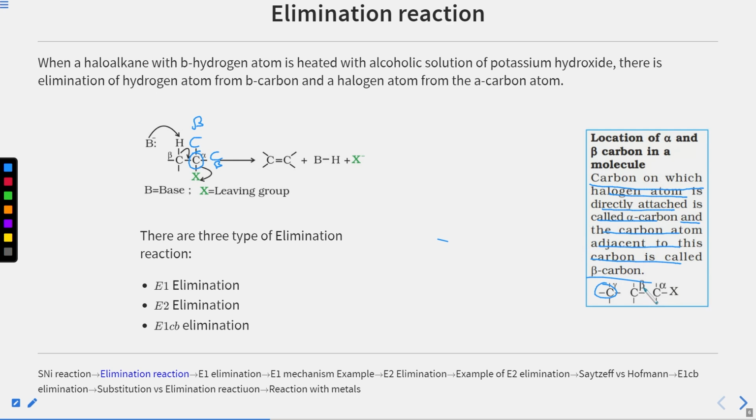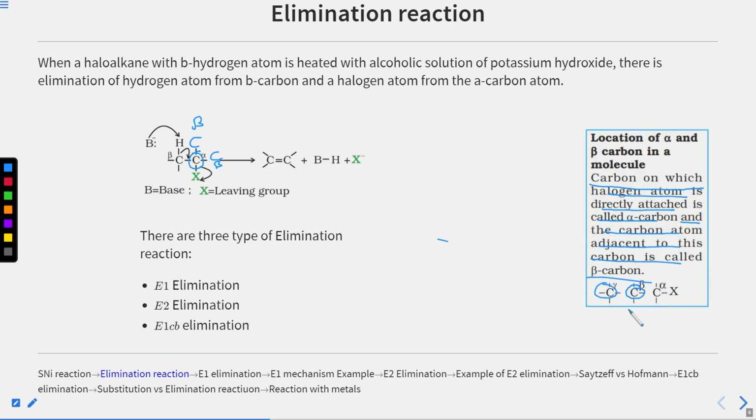But for now, just remember that if your halogen is connected to some carbon and the halogen is to be removed, then that carbon will be your alpha carbon, and the next adjacent or consecutive carbon is the beta carbon. If 2 are present, there will be 2 beta carbons. If 3 are present, then 3 beta carbons.